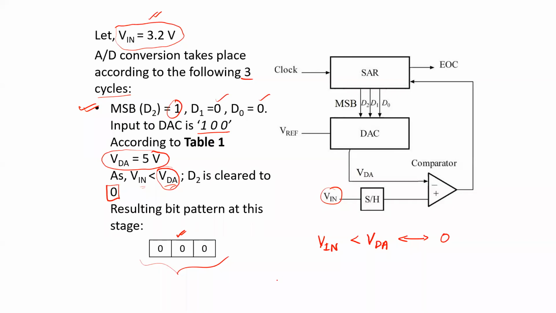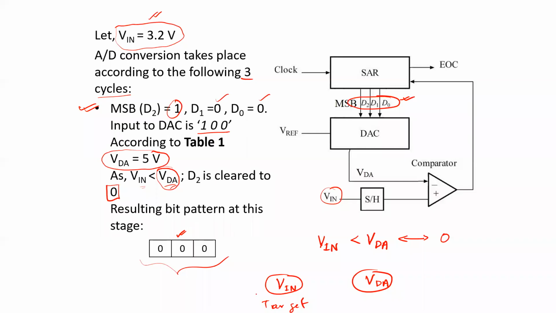Okay, let's say that here our target is to reach Vin. We want to generate a bit pattern that will correspond to the analog input voltage. So this is our target. And currently our VDA is representing the current state of this bit pattern.